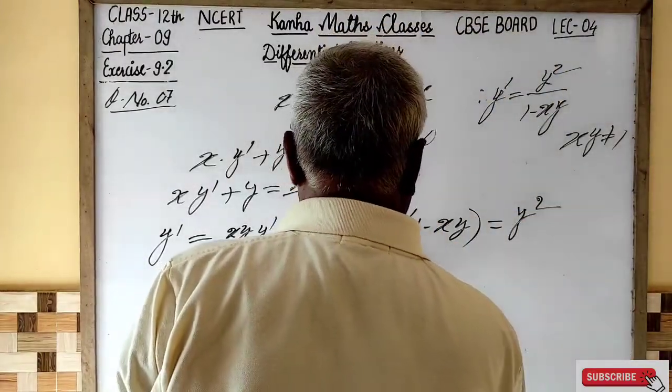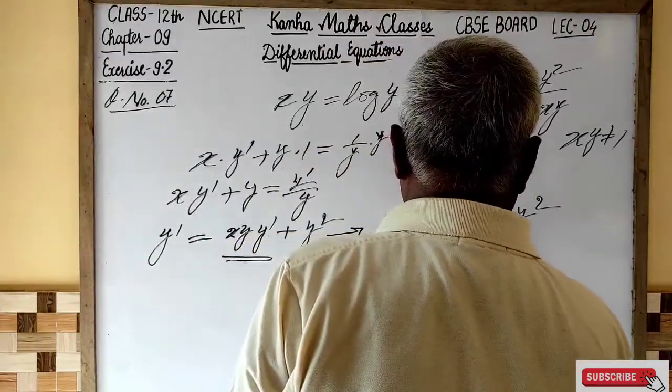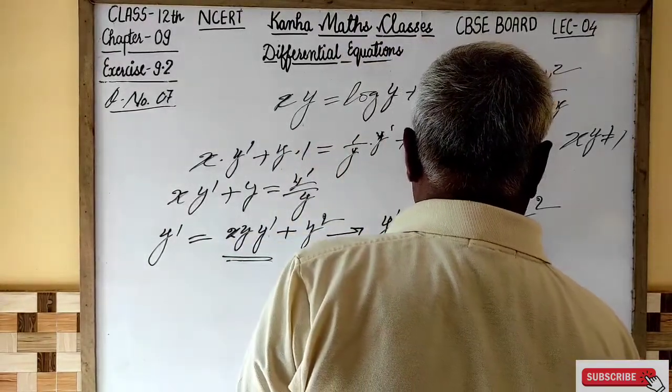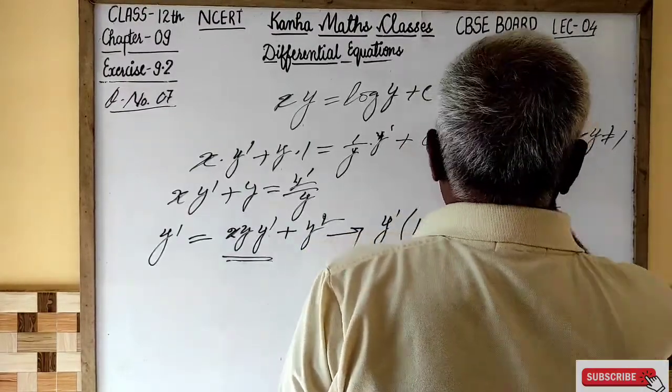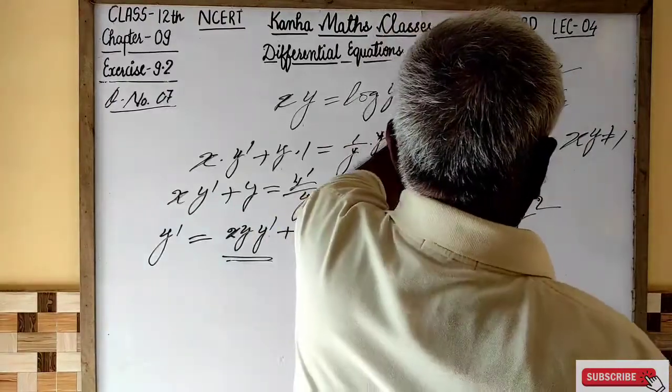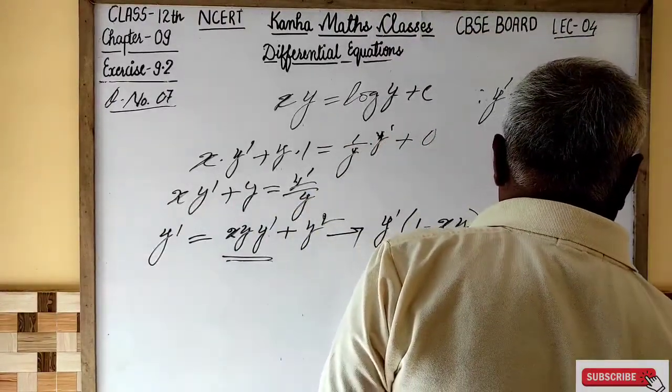Hence y dash is equal to y square upon 1 minus xy. This is what was to be verified, y dash equal to y square upon 1 minus xy. Verified.